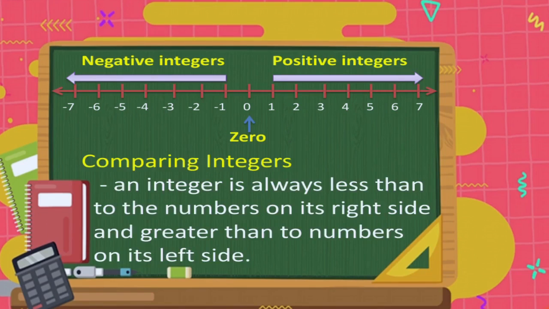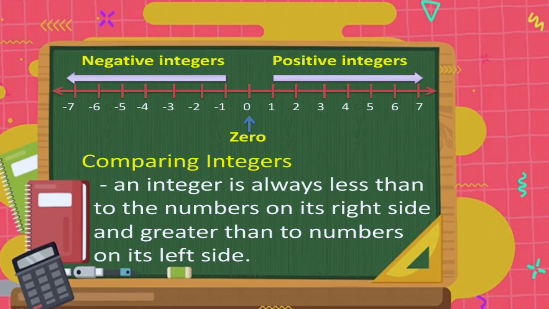Comparing integers. An integer is always less than the numbers on its right side and greater than the numbers on its left side. Example, negative 4 is less than negative 3, which is on its right side. Another example, negative 2 is less than positive 1, on its right side.